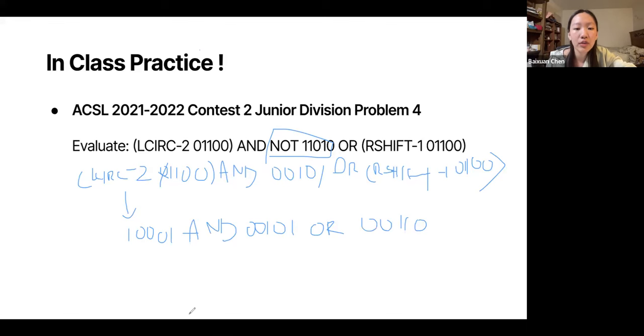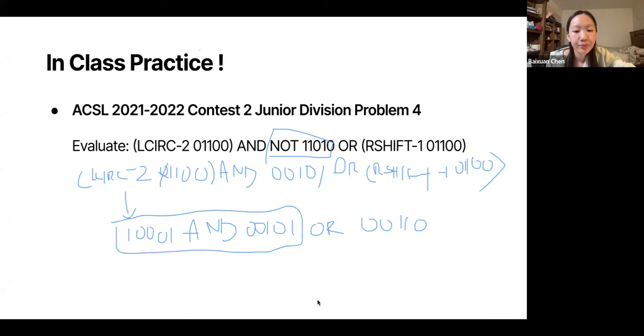So and will only return 1 when they're both ones, right? So what will this expression be equal to? Does anybody have any answers? Yeah, 0, 0, 0, 0, 1. That's right. Okay.